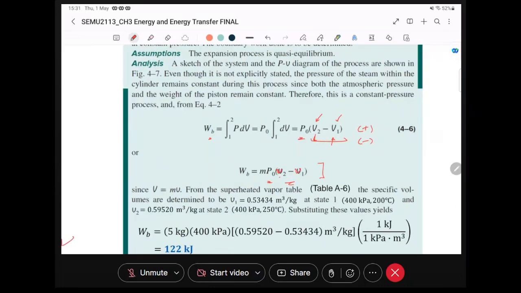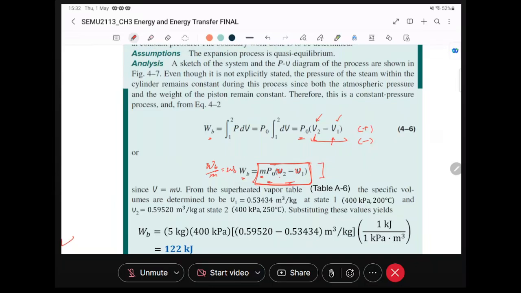Okay, and because volume, we can express in specific volume as well. So therefore, the equation can be in this term as well. Okay, this is in the specific volume term, multiply with the mass at the front, of course. This is not specific work. This is the total work. If we take WB over mass, of course, we can get the small cap wb, specific boundary work.